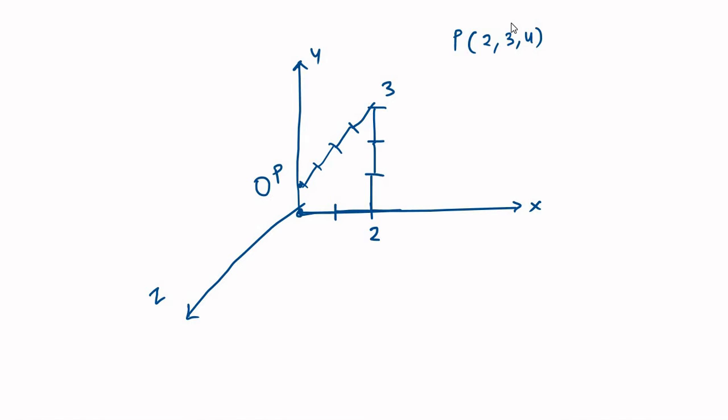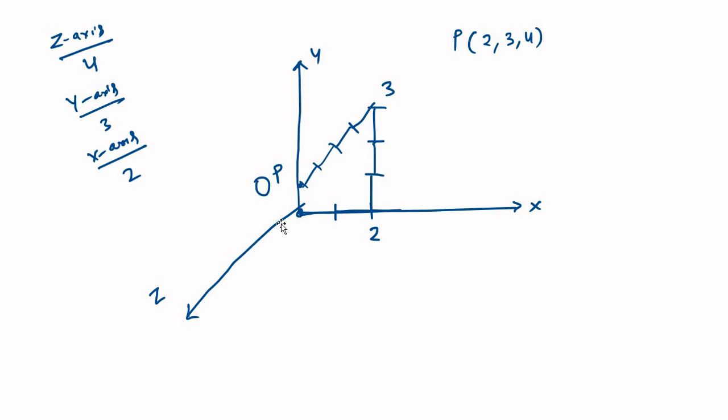Okay, any way it can be done. Suppose first he starts in the direction of the z axis. He walks 4 units in the direction of the z axis first, then 3 units in the direction of the y axis, then 2 units in the direction of the x axis. He will arrive at the same point P, that is 2, 3, 4. So no matter in which direction you move, you will arrive at the same point.